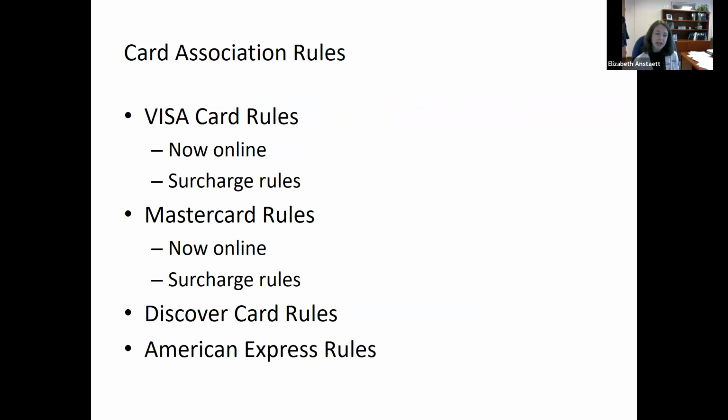So we've come a long way. Discover rules and American Express rules are not as readily available online, but it is a compliance area that is not quite as typical because it does bring up the fact that there are not only laws that you have to comply with, there can be association rules that for all intents and purposes are as important as laws to comply with.